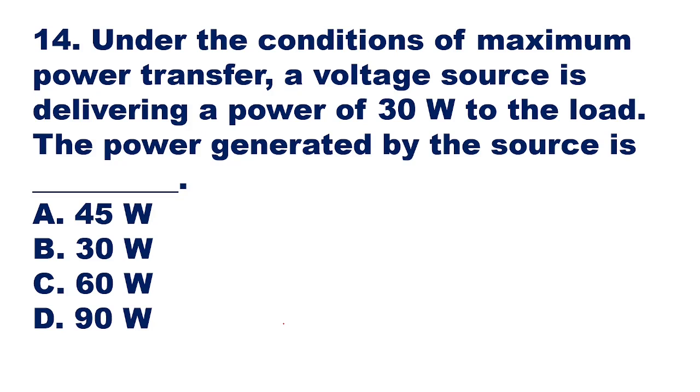That means the power generated by the source is 30 into 2, that is 60 watts. So option C, 60 watts, will be the correct answer.